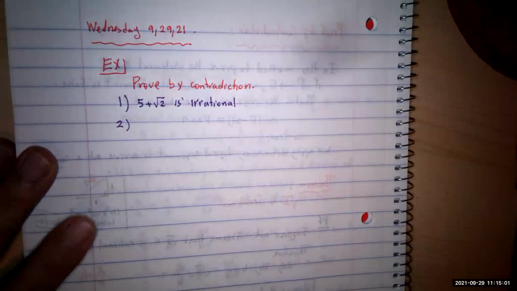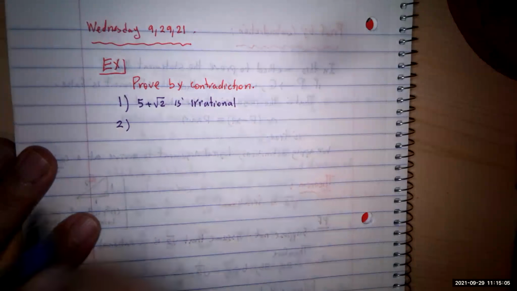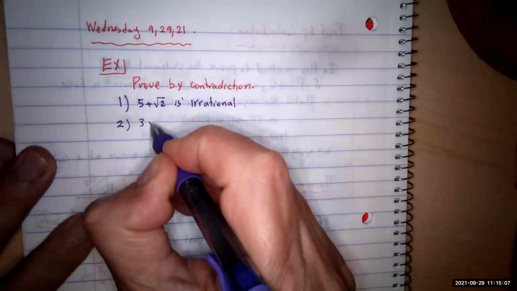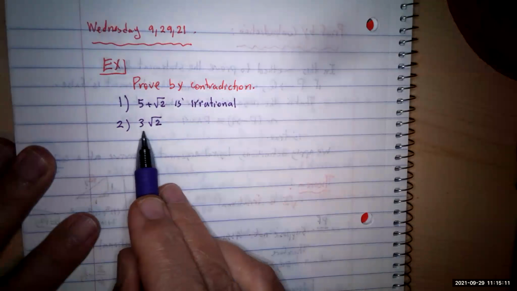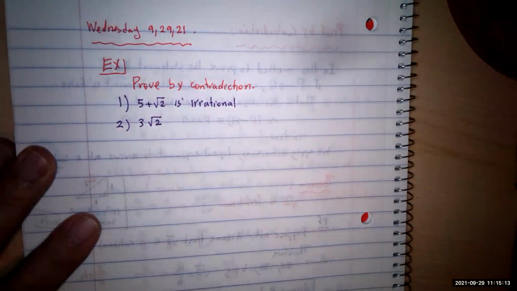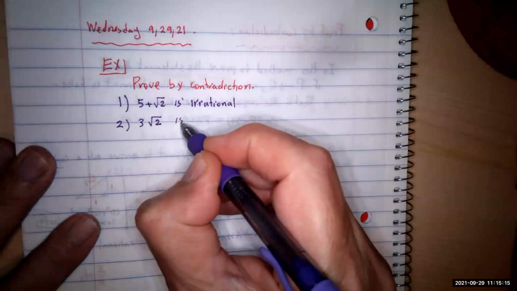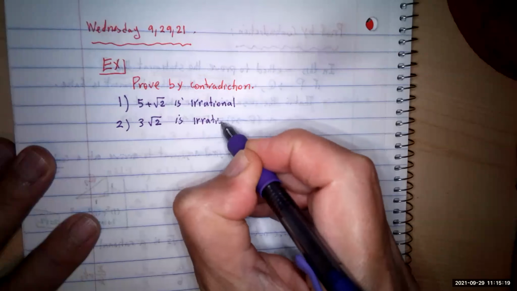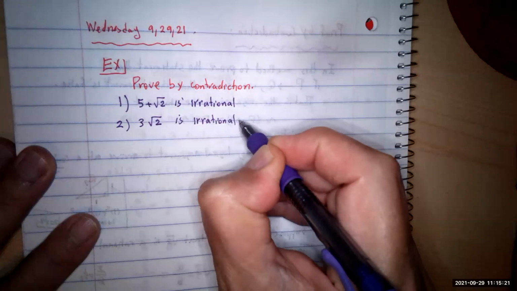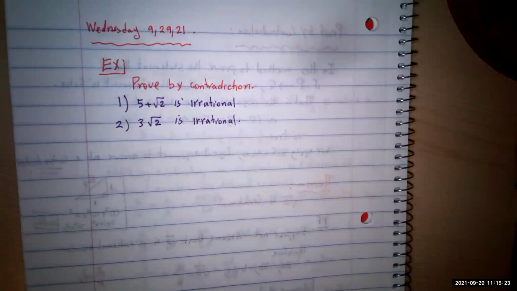Both of them are problems in your assignment. You just copy this type of solution proof that we have. The next one, you see this is a rational number and the radical 2 is irrational. If you multiply them together, the result must be an irrational number. Okay, so that's what we want to prove by the contradiction method.